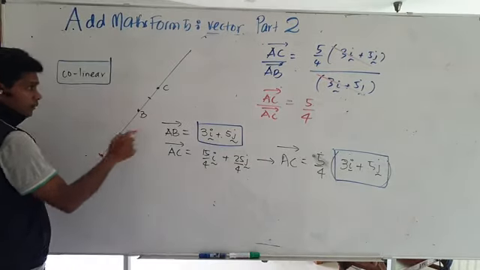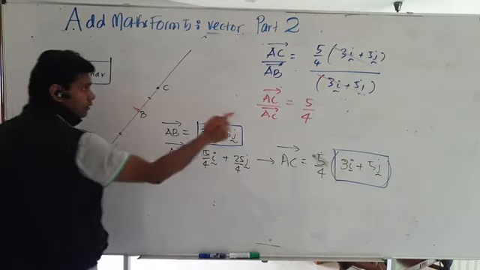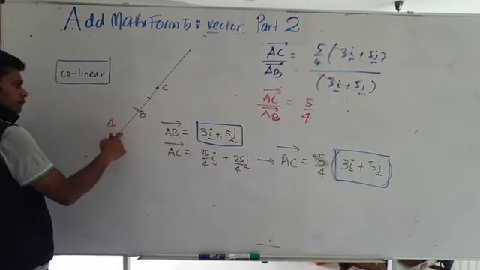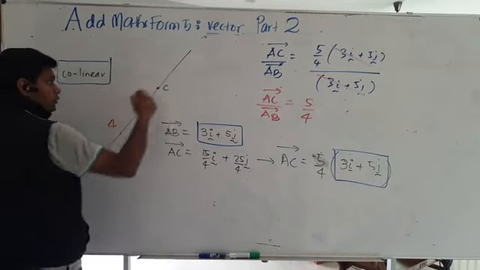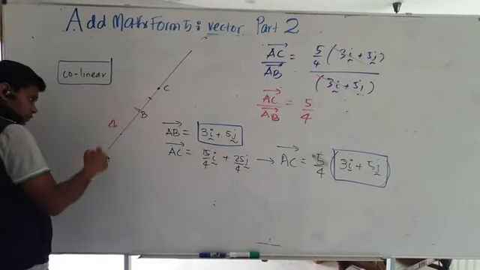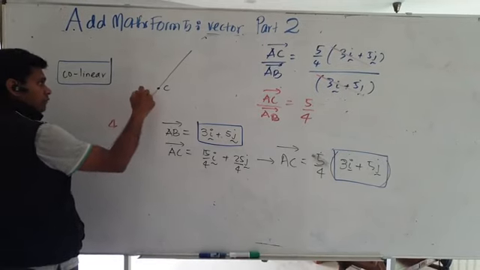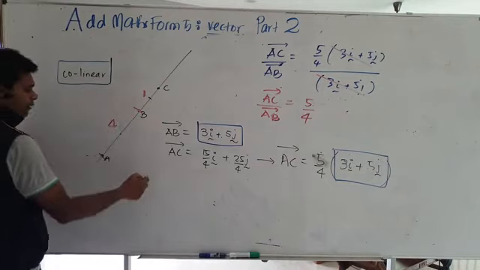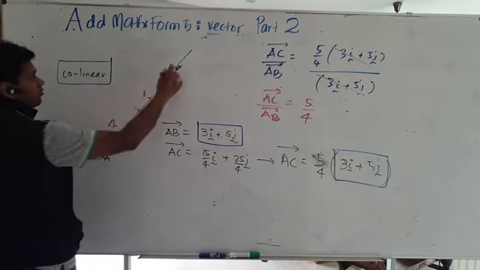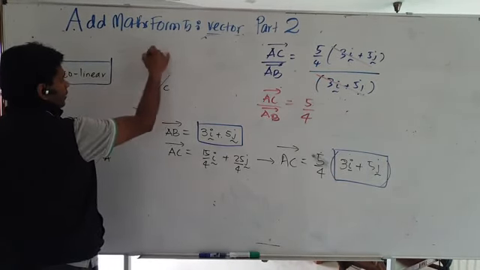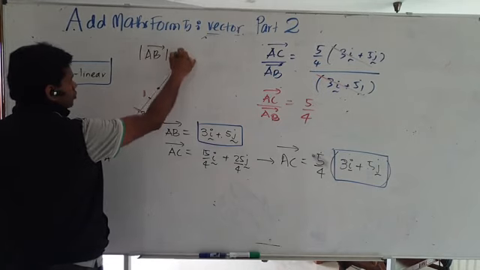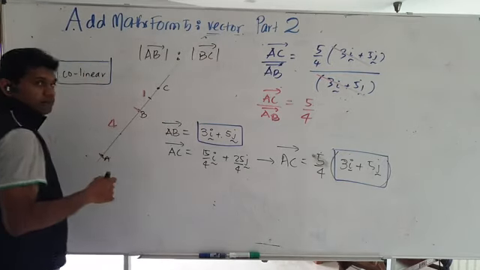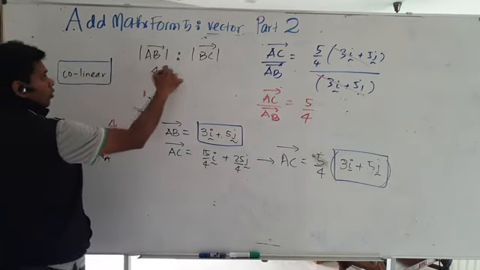That means AB is 4, but the whole thing is 5. The whole thing is 5, but here's already 4, so what remains? 1. So if they ask you the ratio of AB to BC, using magnitude, the length ratio is 4 to 1.